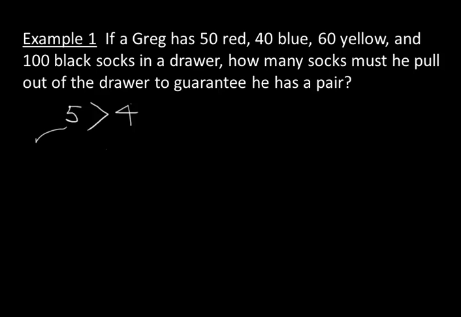So here the birds in the statement of the pigeonhole principle are the socks, and the 4 represents the colors, or the holes. We have 4 colors, so we must draw at least 5 socks in order to get a match.